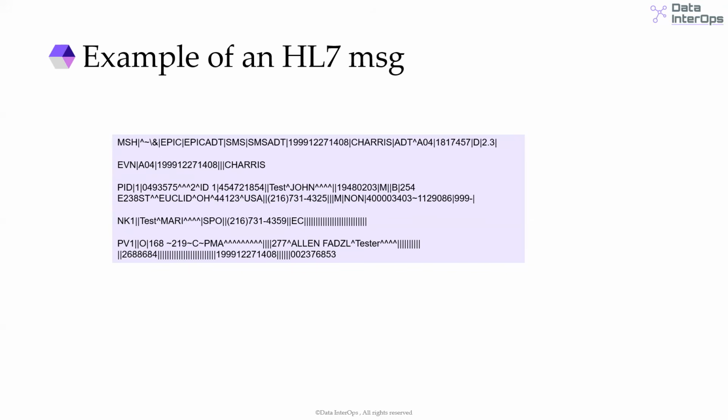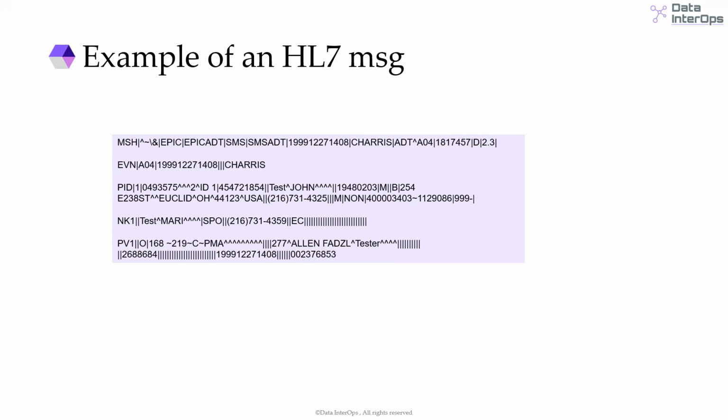It is purely dependent on what kind of event is taking place. If it is registration, you may have 3, you may have 5, and you may have 6, depending on the data that you want to exchange. So there is no definite number on how many segments you can have.